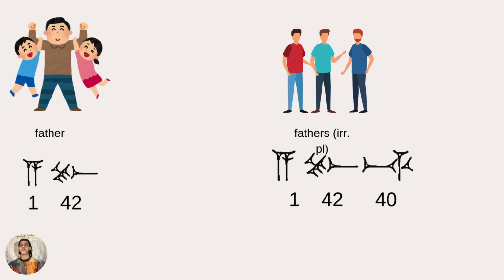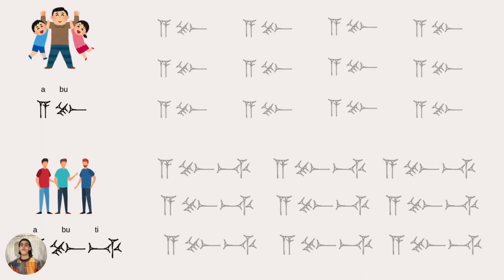So look for the signs. Number one, you know it. Yes, it is. Then we have the 42, that is bu. And the 40, we know it from before, ti. So write it abu, abuti, and you have all of them here to write it down.